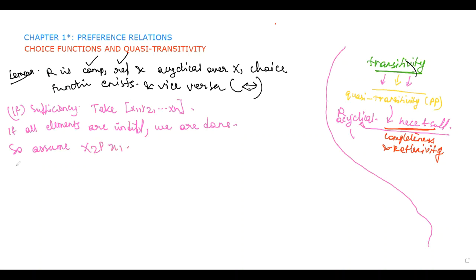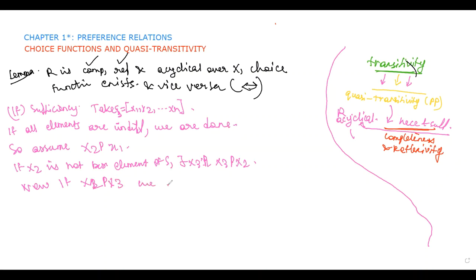Now, if x2 is not the best element of S, there exists x3 such that x3 P x2. Now, if x1 P x3, we get x1 P x2, which is not true.